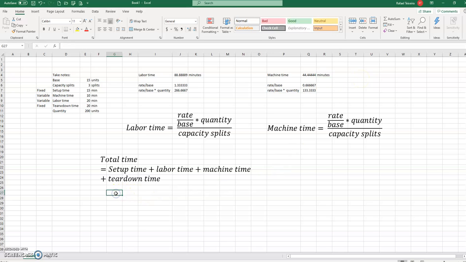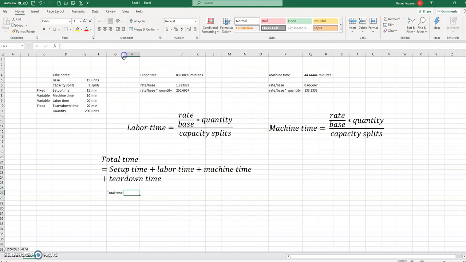So my total time is going to be equal to my setup time plus my labor time plus my machine time plus my tear down time, the time to go back to the initial state. The tear down time is 10 minutes, like in the problem.